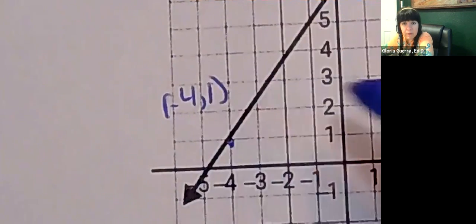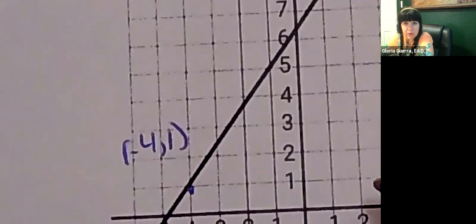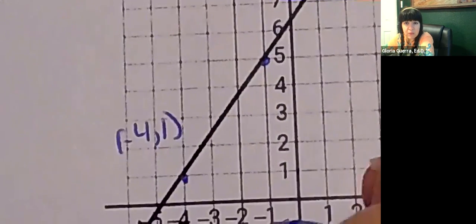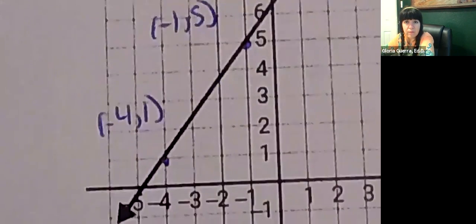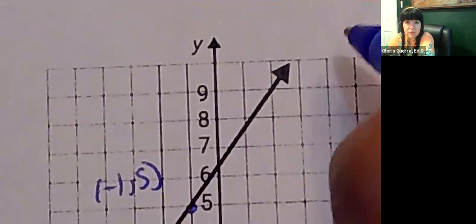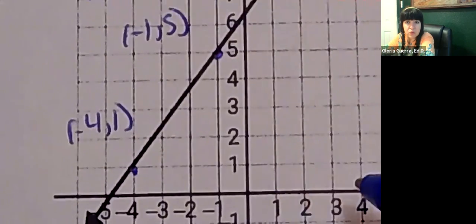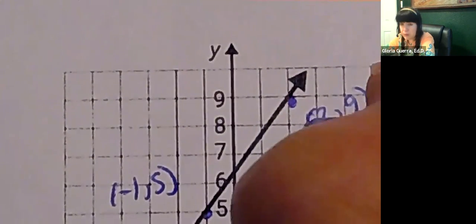And maybe this one right here looks like a good one. That one looks like it's -1, 5. And then maybe even this one. That one looks like it's 2, 9, right?